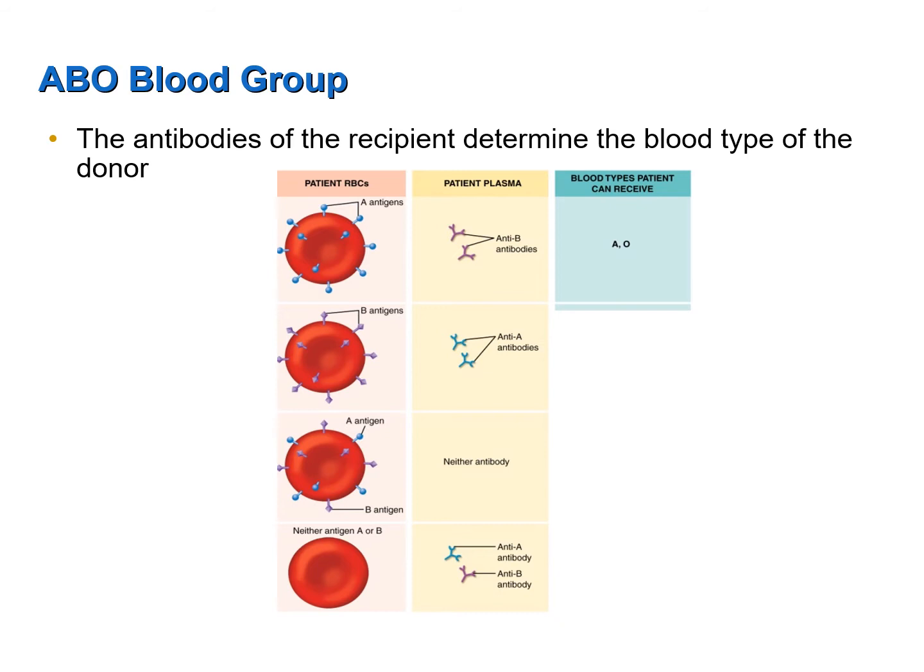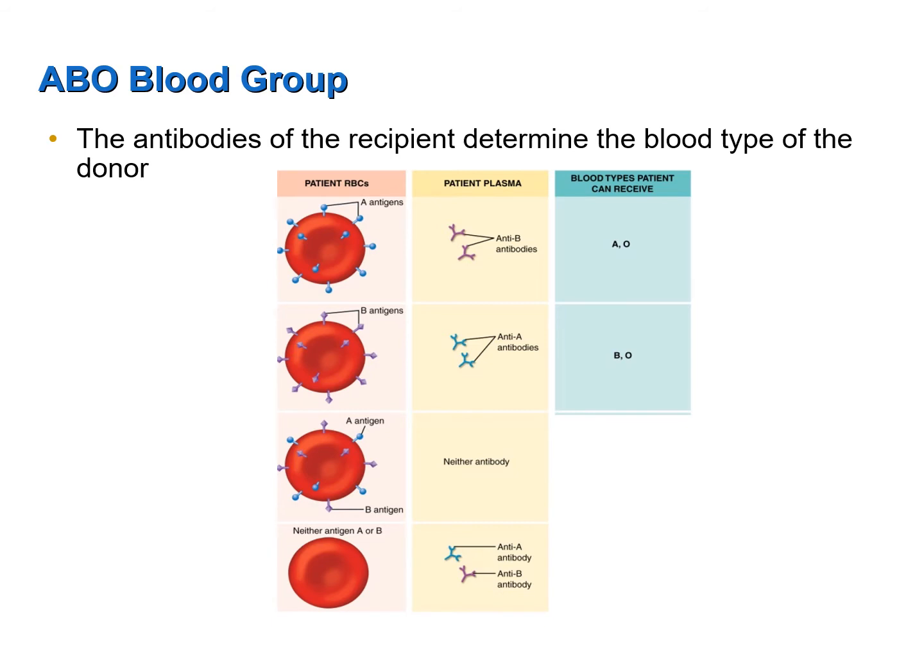What about someone with type B blood? They have anti-A antibodies. They could not receive blood from a type A donor. They could not receive blood from a type AB donor. They could only receive blood from other B and also from O. What about someone with AB blood?